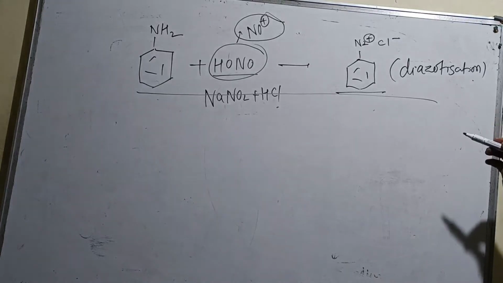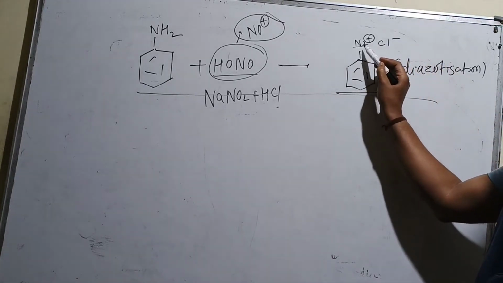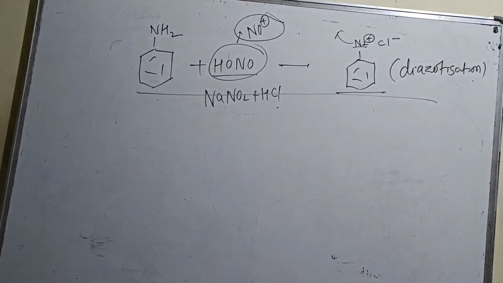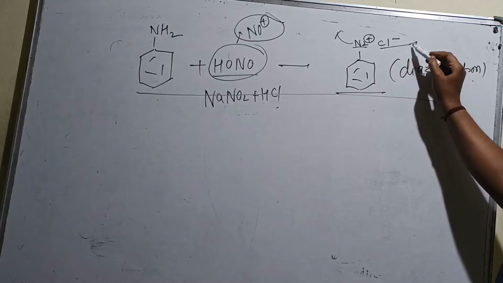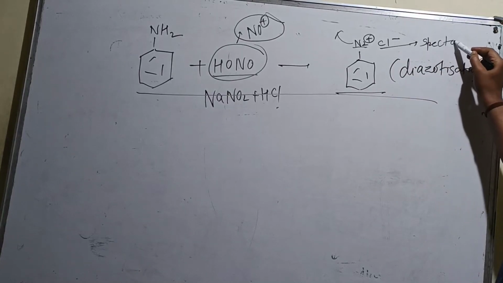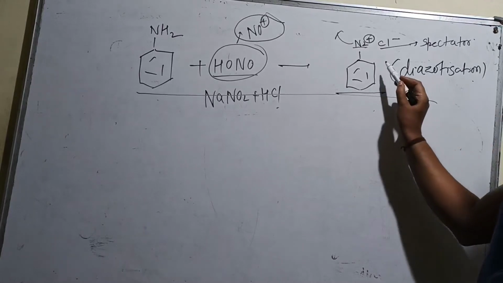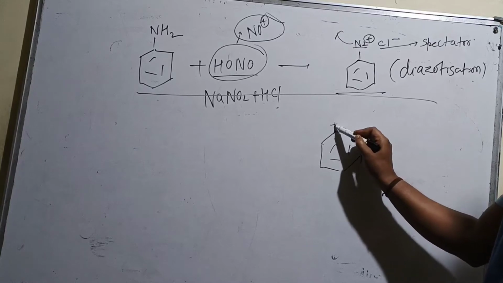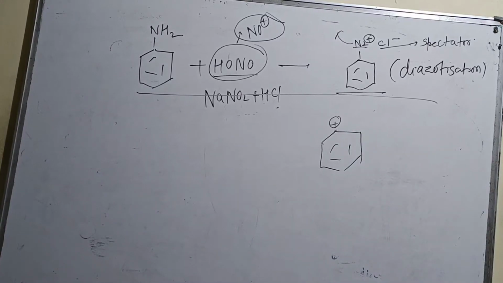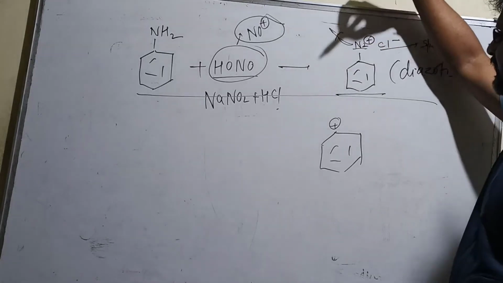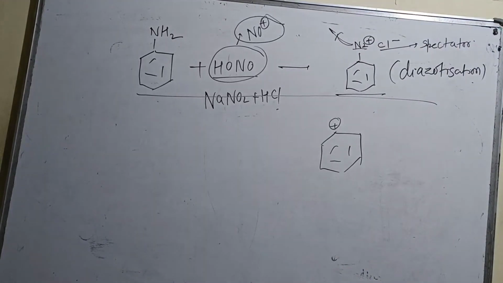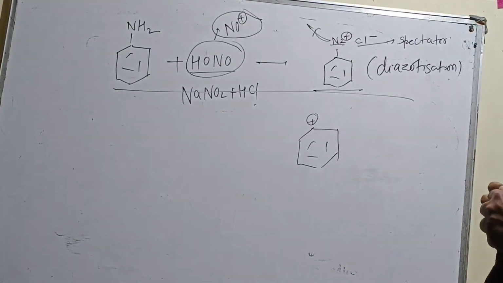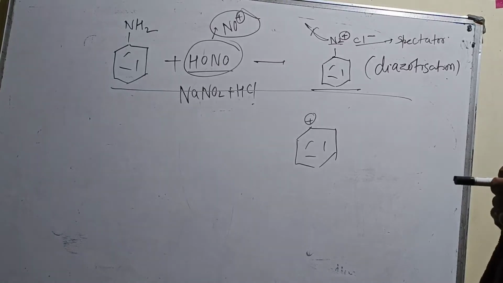This diazo product is very interesting. N2, being stable at room temperature, will be easily liberated, and Cl minus is a spectator ion. So what will you be left with? A benzene ring with a perception of a plus sign. This is just a memory technique: you are left with a perception of a plus sign over the benzene ring, so the plus sign will attract negative species.